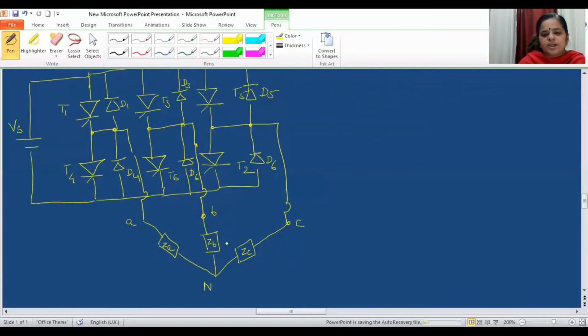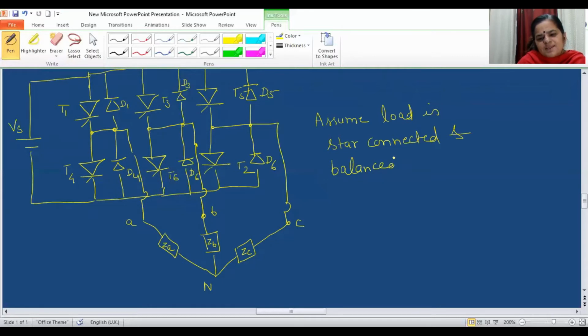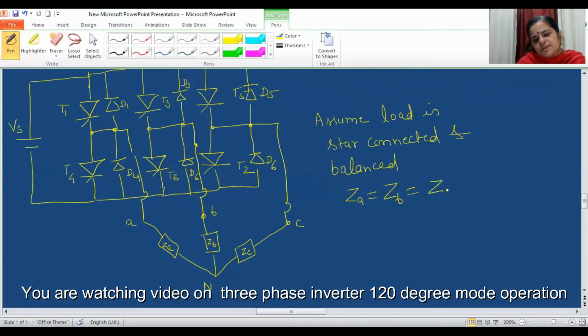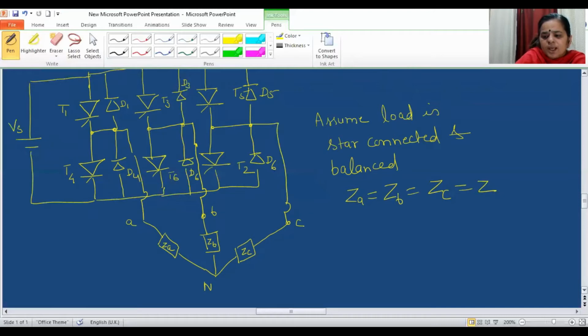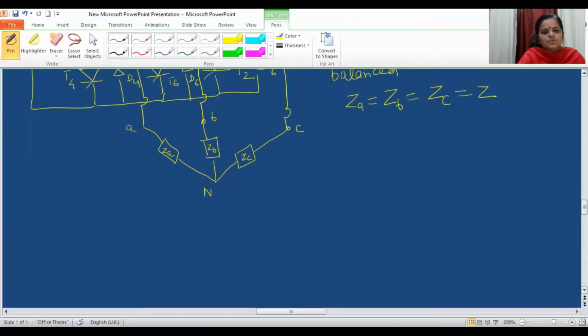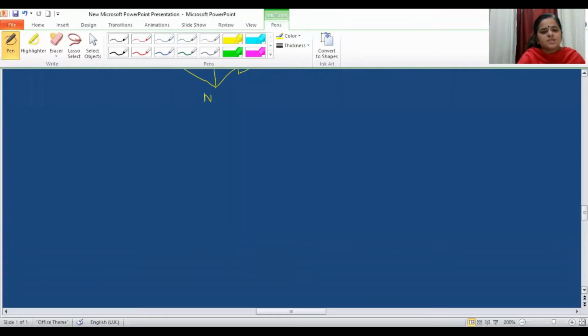I assume the load is star connected and balanced. If it is balanced, it means ZA is equal to ZB is equal to ZC, which is equal to Z. That means the load connected to all 3 phases has a similar value. So this is the power circuit diagram.